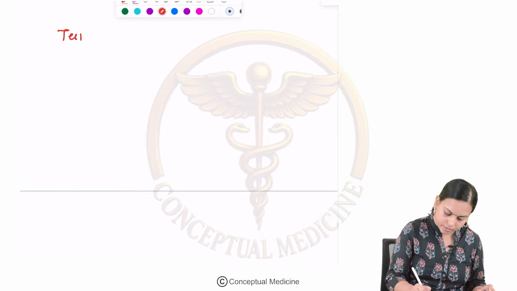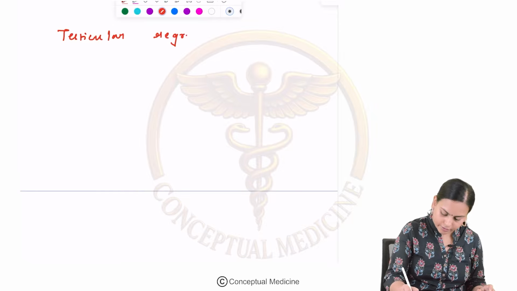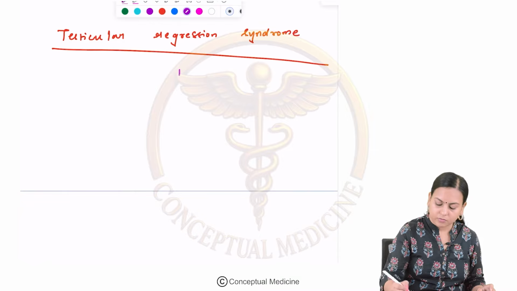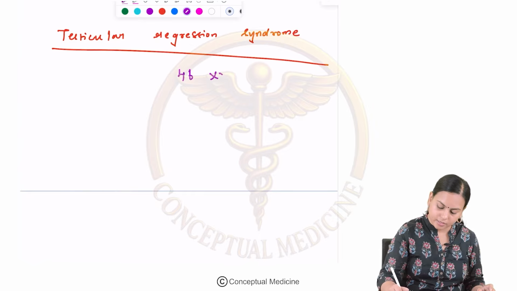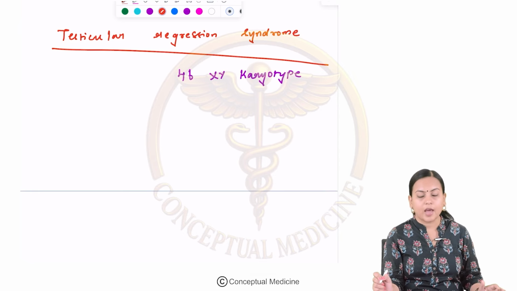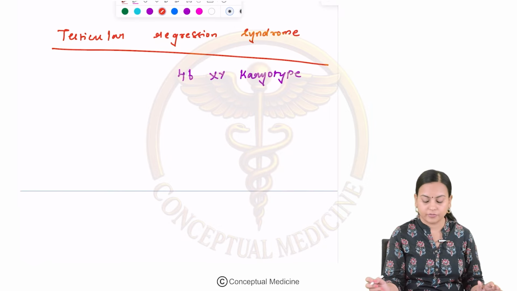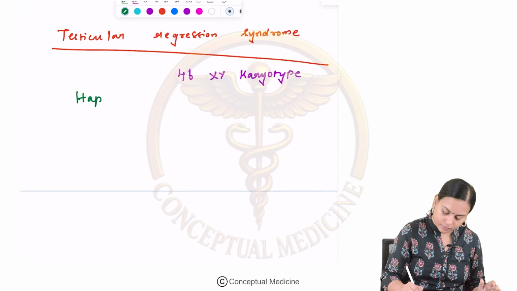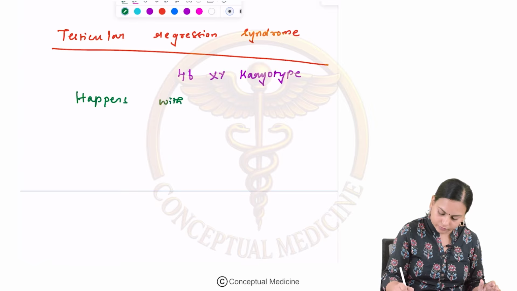Now let us see the next syndrome, that is testicular regression syndrome. Here we have a 46XY karyotype. Usually testicular regression happens within the first trimester.